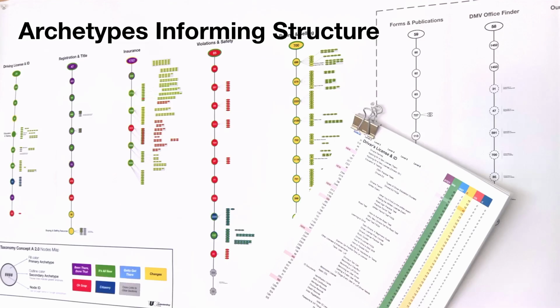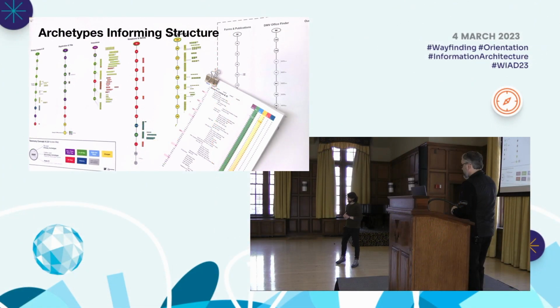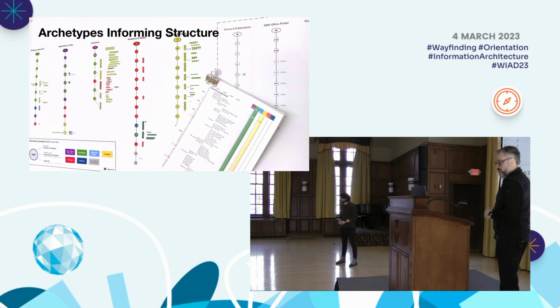Another way that having these archetypes can be used is at a site-wide structural level. So in this instance, all of these little ovals are pages on a website and how they are arranged. The colors correspond with the archetypes: the primary archetype is the fill color, and the secondary archetype that the page is designed to serve is the border color. And so you can see that there are sections, there are verticals of this. This appears to be a very siloed environment, but they're coherent.